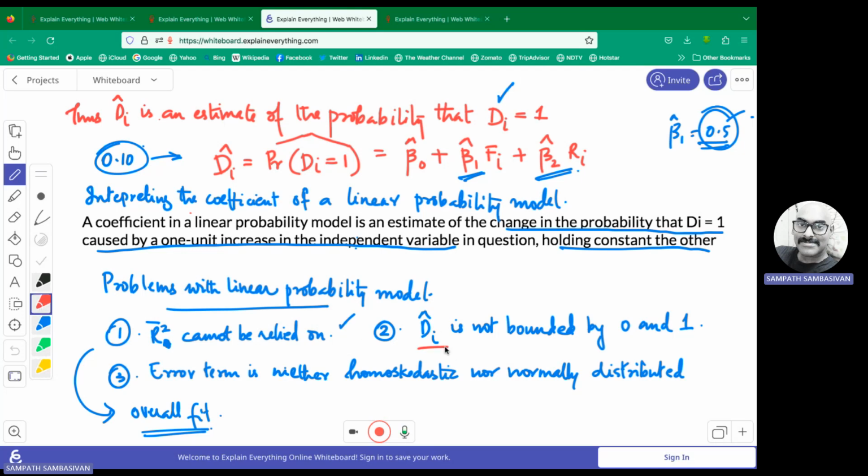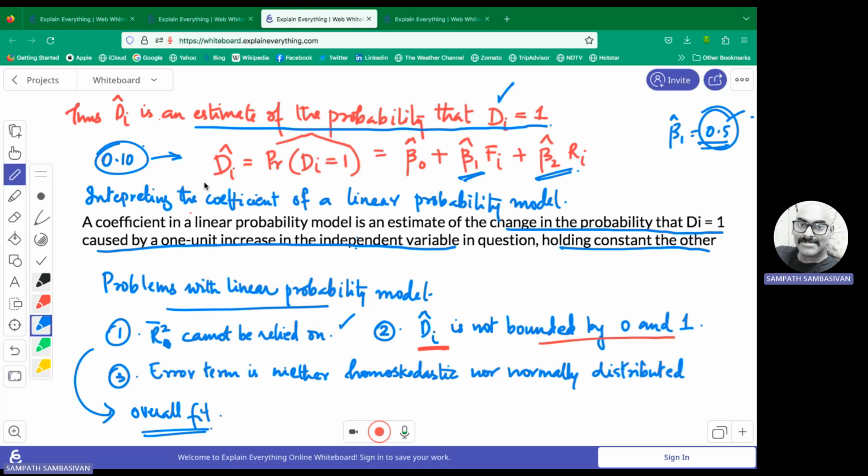Now, the second problem is basically that DI hat is not bounded by 0 and 1. Why do we expect it to be bound within 0 and 1? See, what is DI hat? DI hat, as I have mentioned here, is the estimate of the probability that DI will be equal to 1.